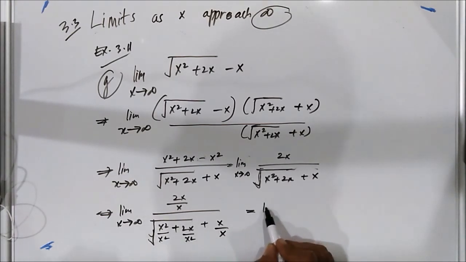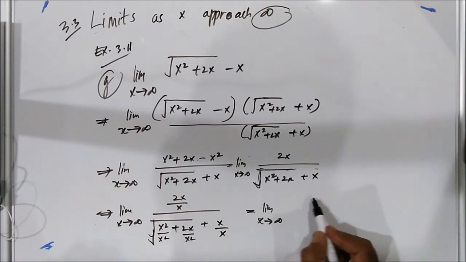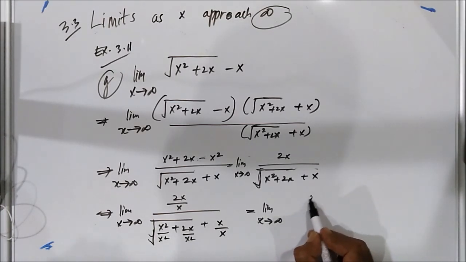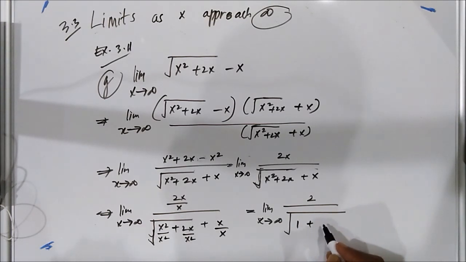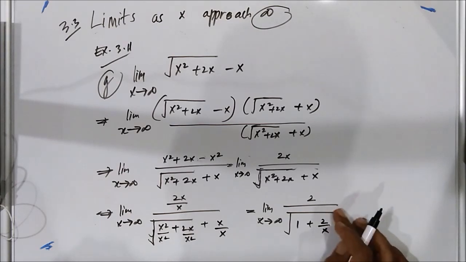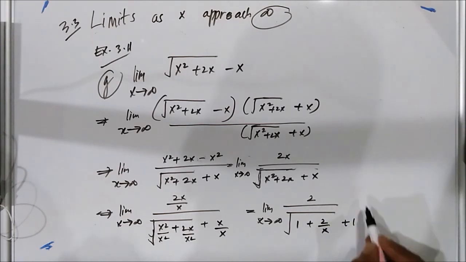So here is the limit as x approaches infinity. 2x divided by x is 2, over the square root of x squared divided by x squared, which is 1, plus 2x divided by x squared, which is 2 over x, plus 1.